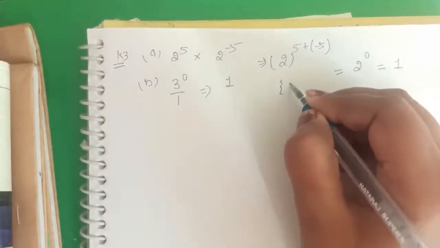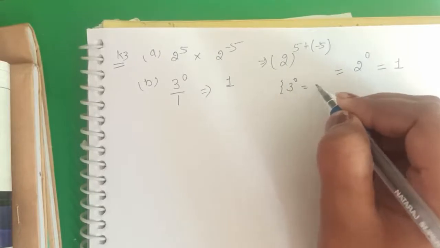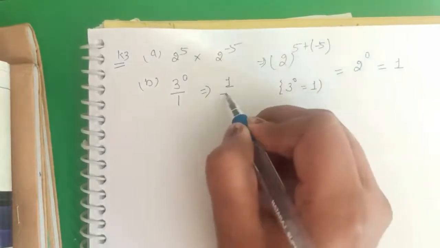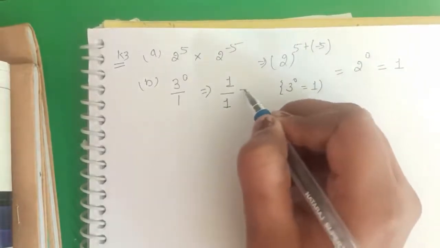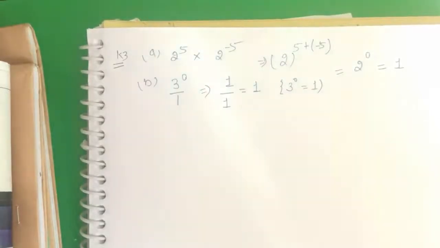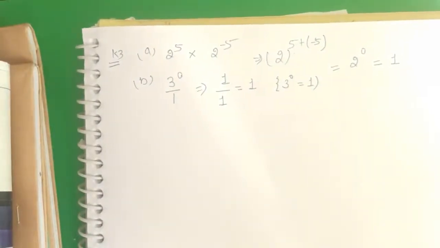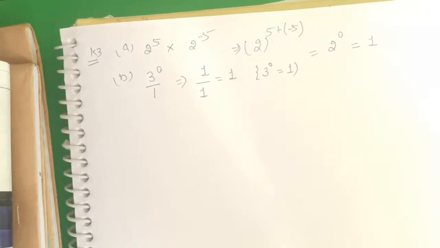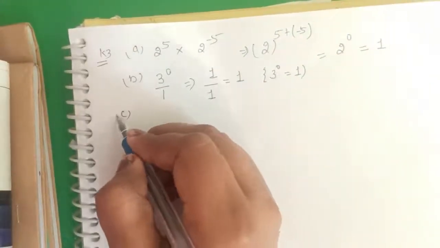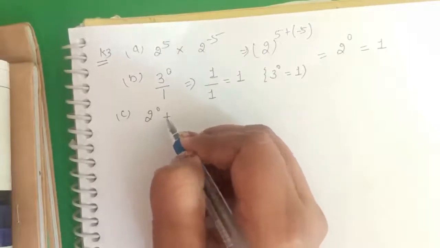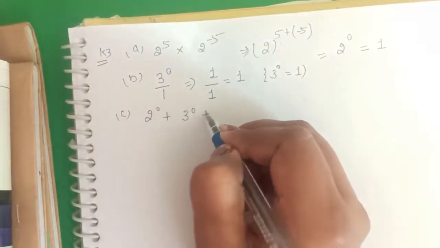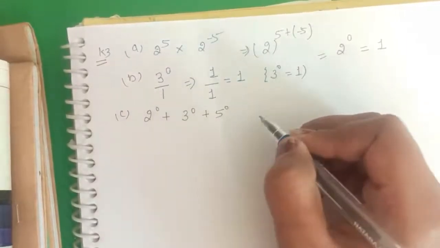Here you will write in bracket also 3 to the power 0 equals to 1. And when 1 divided by 1, it is equals to 1. Clear? Now, the C part. 2 the power 0 plus 3 the power 0 plus 5 to the power 0.